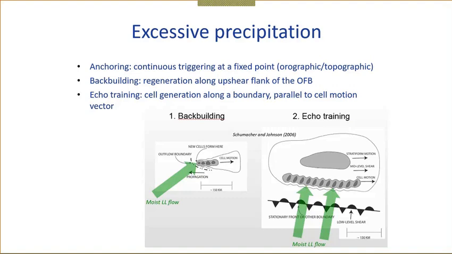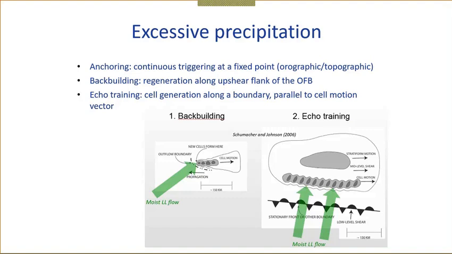That's backbuilding, and on the right hand side you can see an example of echo training. Then you have a cell motion to the right, you have a mid-level wind shear vector to the right, and then you have a moist low-level flow that comes from the south. And then you have this parallel to your baroclinic boundary, so to speak.